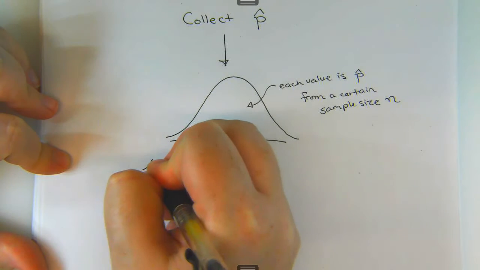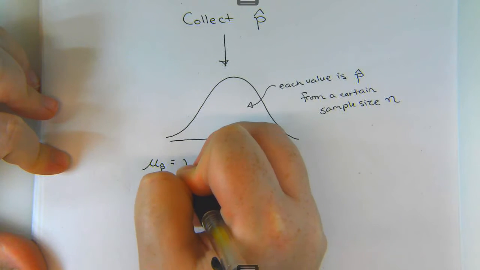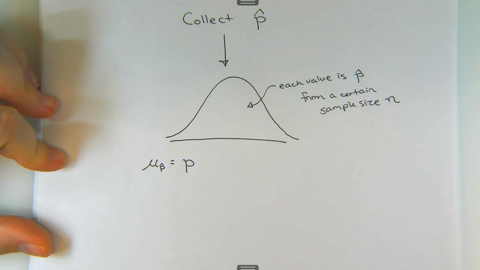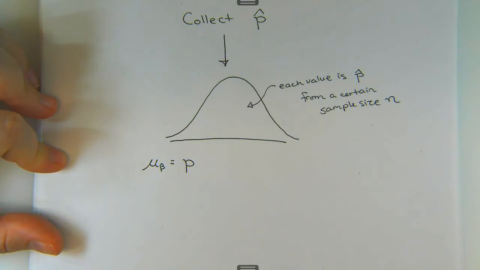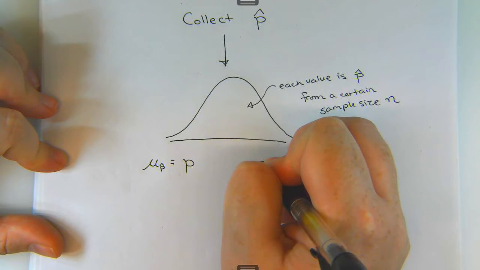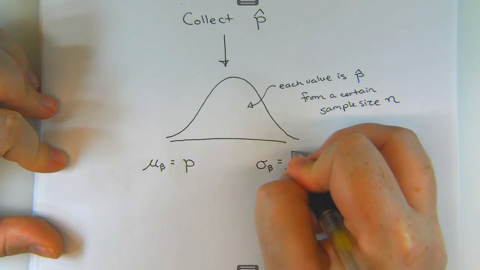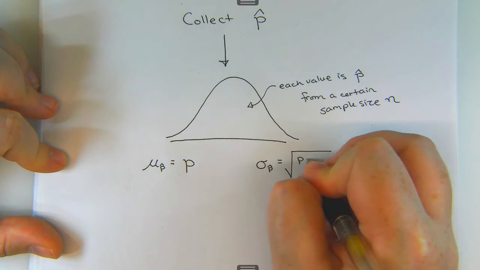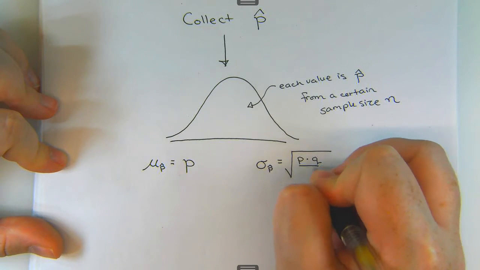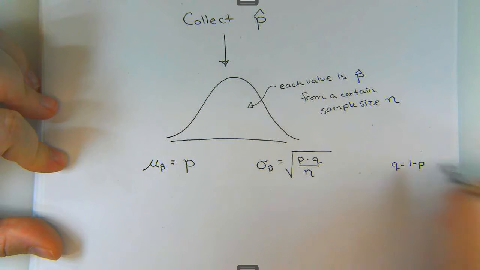The center, which is the average of these sample proportions, is always equal to our population proportion, so you can just grab that value. Then our standard deviation we calculate by taking the square root of p times q divided by our sample size. And just as a reminder, q is just 1 minus your proportion p.